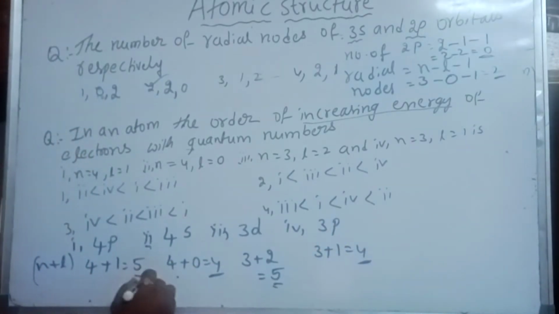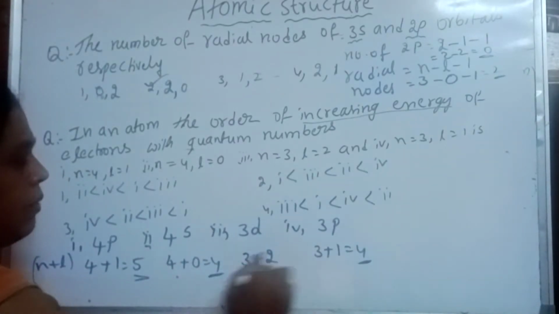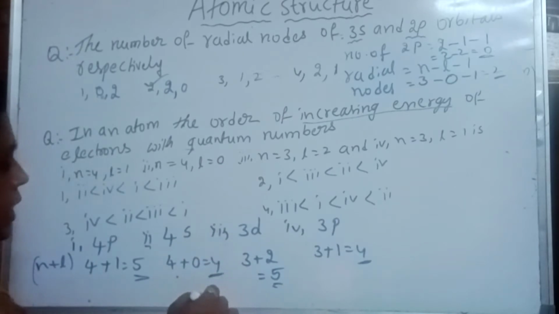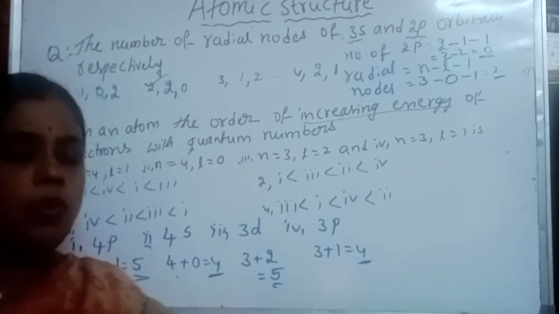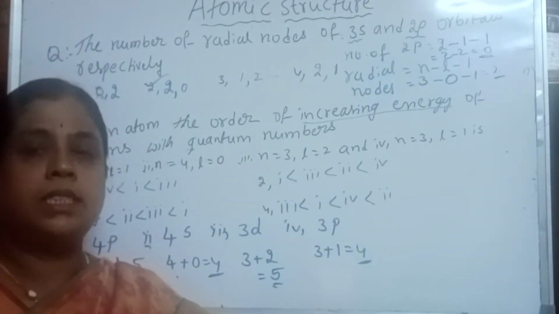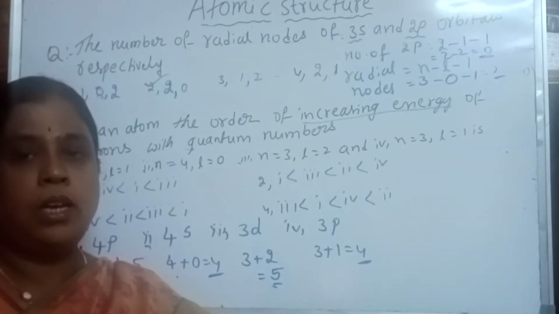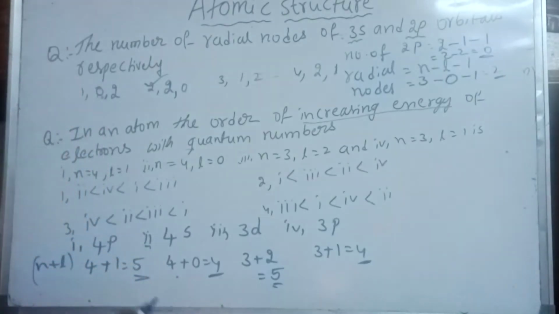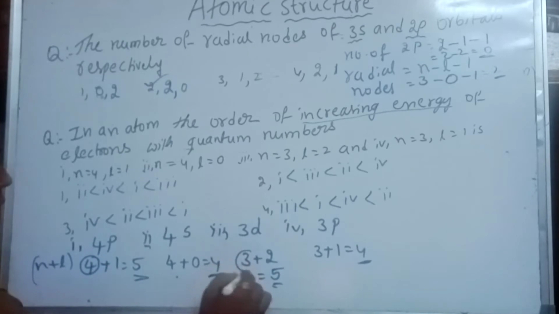See here, these two have the same n plus L value. These two have the same n plus L value. In such a case, what to consider? The n value. If two orbitals have the same n plus L value, in such a case, the orbital with more n value has more energy. Here these both have the same value, but this first orbital contains a higher n value than this one.